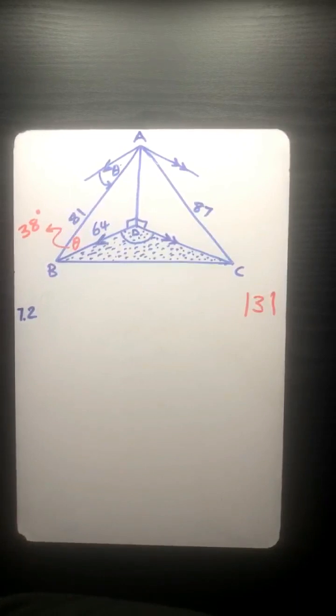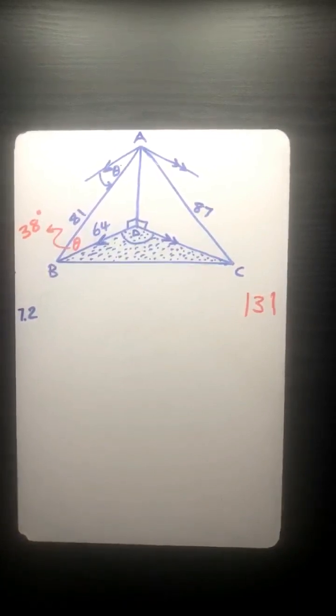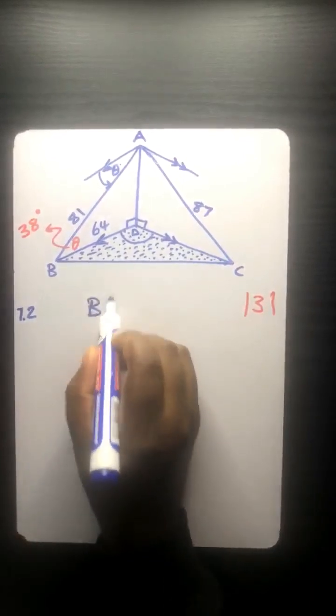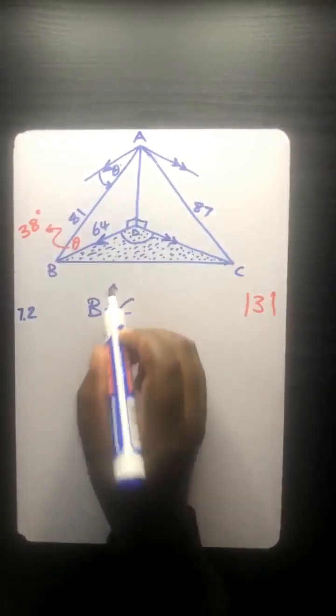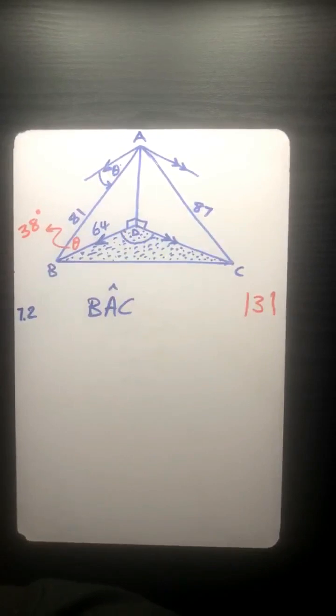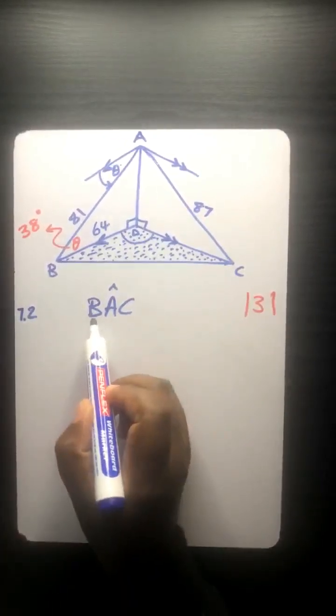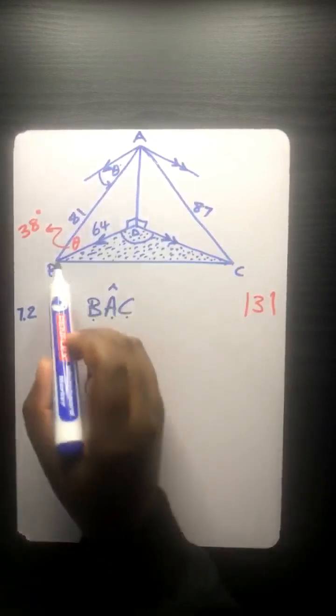If something is written like this, you need to be able to interpret it. This is how you interpret that. If it is given that, in triangle BAC, then you look at BAC.